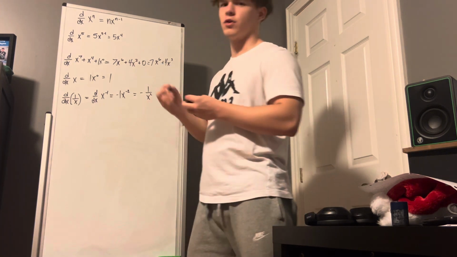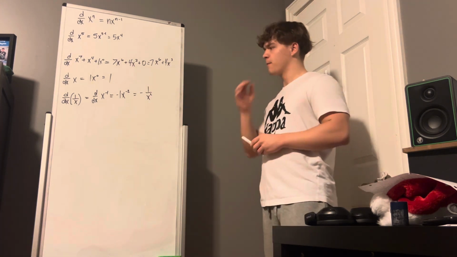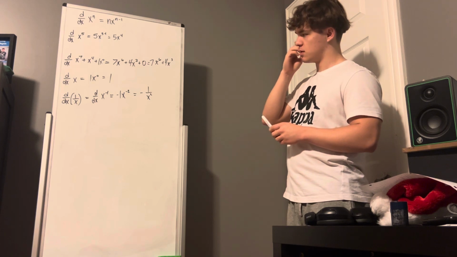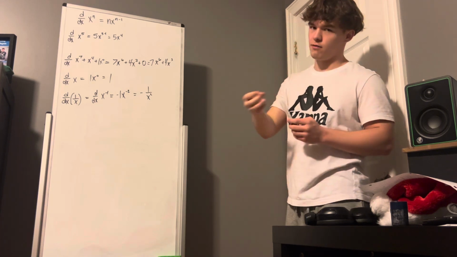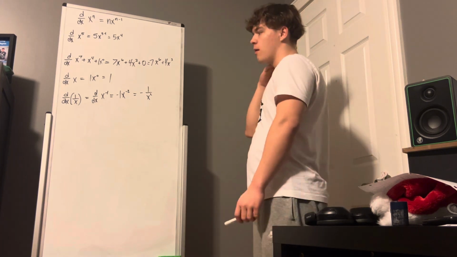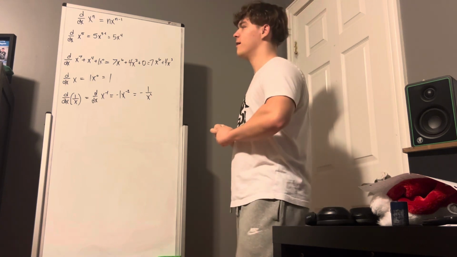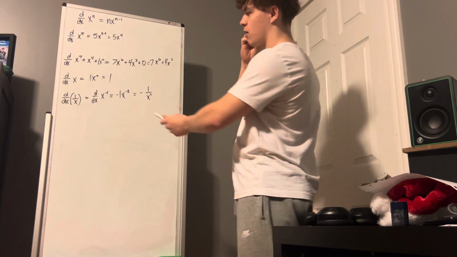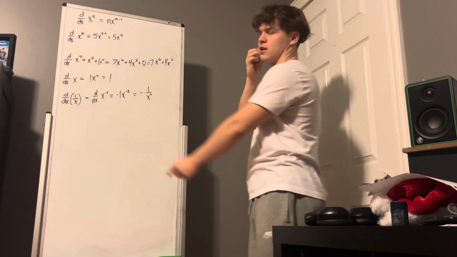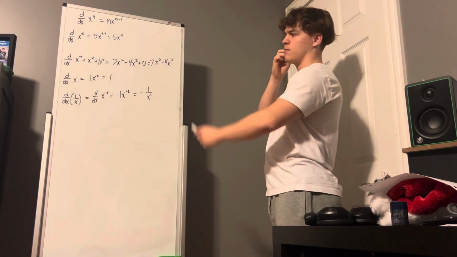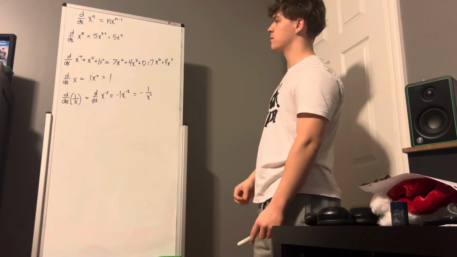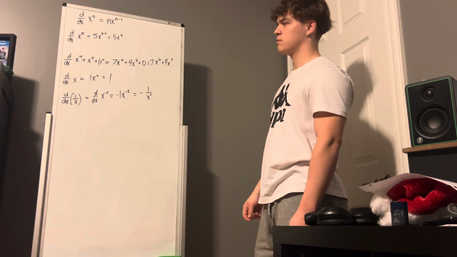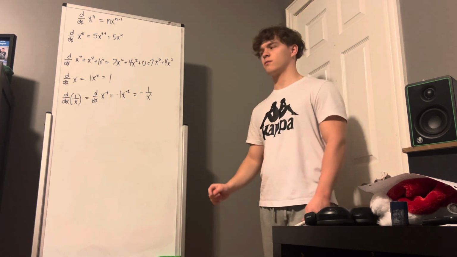I'd get 2 over x cubed, sorry, because that 2 would come out in front. So ignore that. Yeah, all we want to do, that's the easiest way to do it, is change it to a negative power. That's really all there is to the power rule.